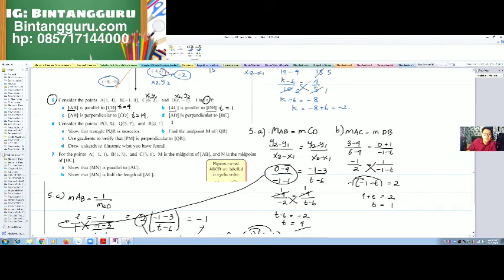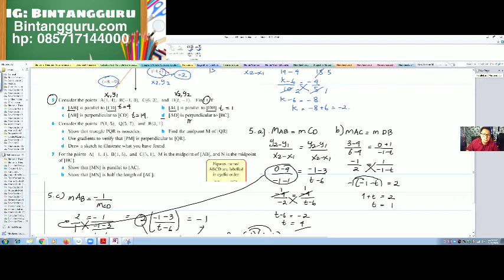Okay, and 5D, you could try maybe for 5 minutes. So this is AD, and then it is perpendicular.